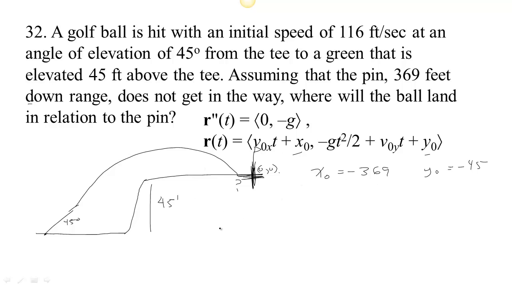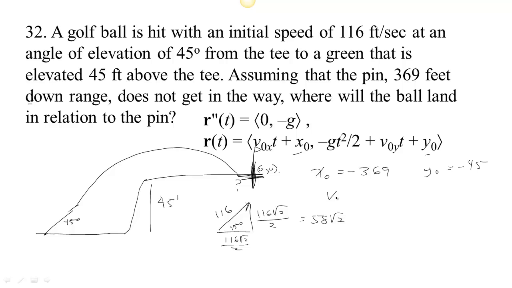If you hit it at 45 degrees, so this angle is 45 degrees, and you've got a speed of 116, then since the cosine and sine of 45 are both root 2 over 2, we're going to get 116 times root 2 over 2 for both the initial velocity in the x direction and the initial velocity in the y direction. Half of 100 is 50, and half of 16 is 8, so that's 58 root 2 in this case.